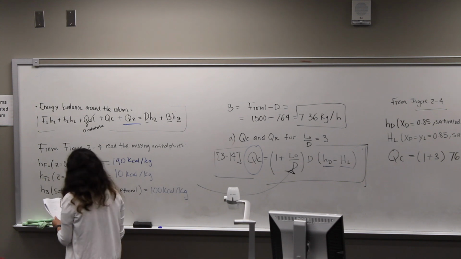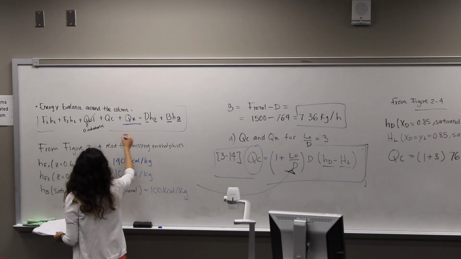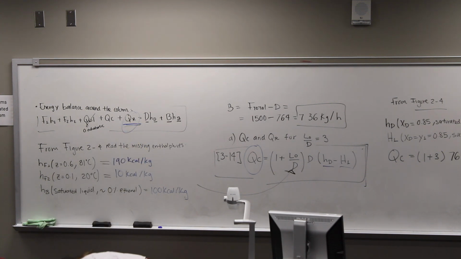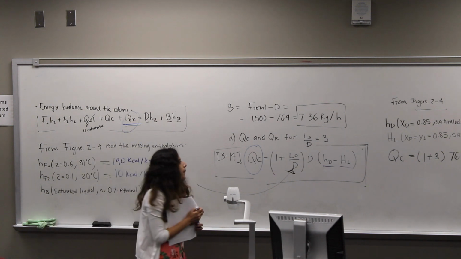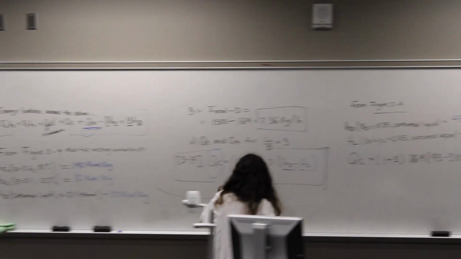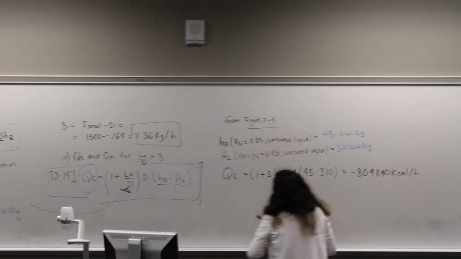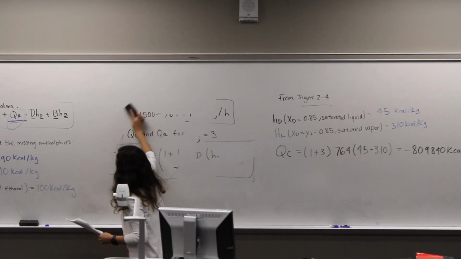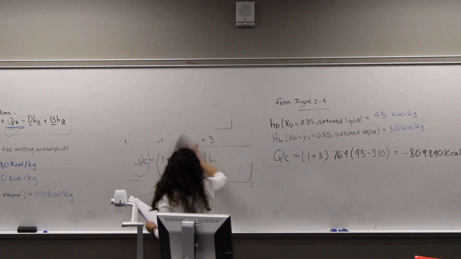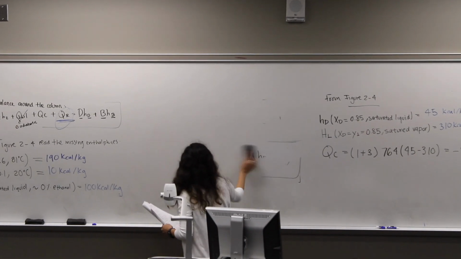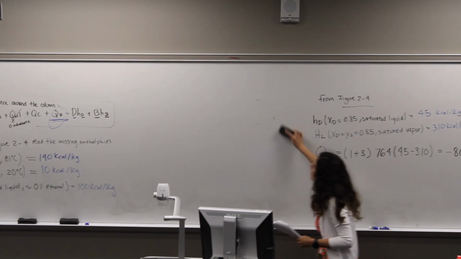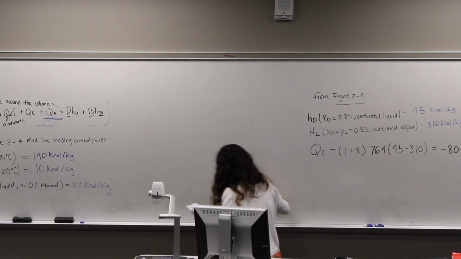So I think we can solve the overall mass energy balance to get QR. And that's how we obtain the heat load for that. So again, we have everything. Please solve for QR, the heat load for the boiler.